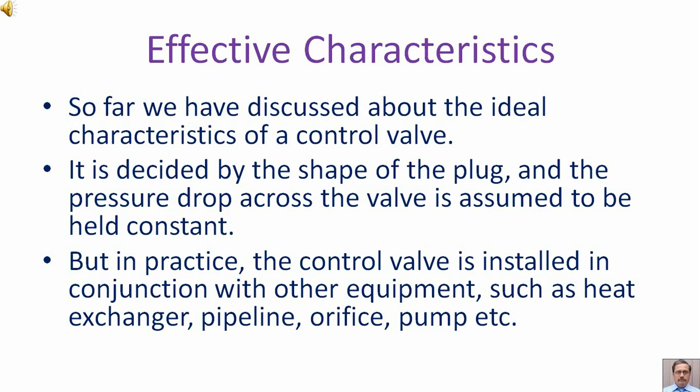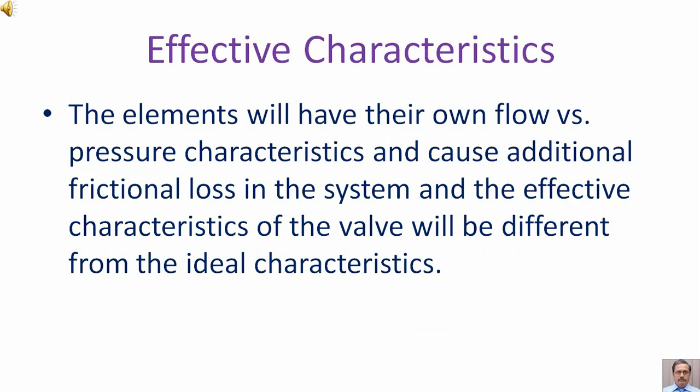But in practice, the control valve is installed in conjunction with other equipment such as heat exchanger, pipeline, orifice, pump, etc. The elements will have their own flow versus pressure characteristics and cause additional frictional loss in the system, and the effective characteristics of the valve will be different from the ideal characteristics.